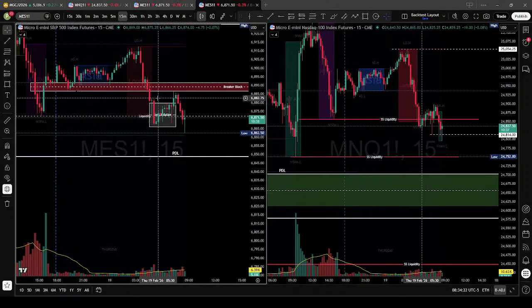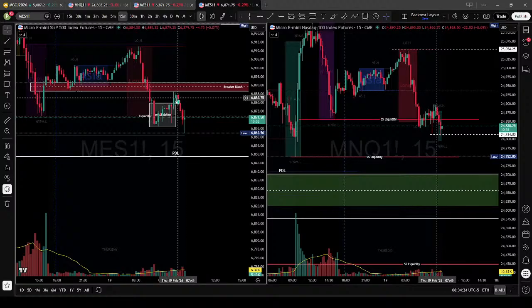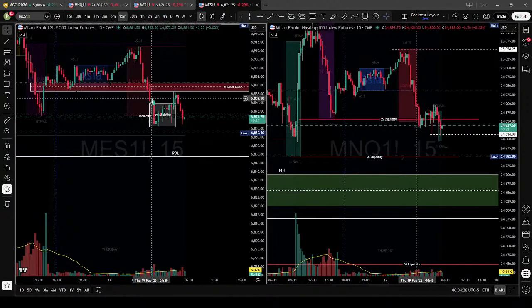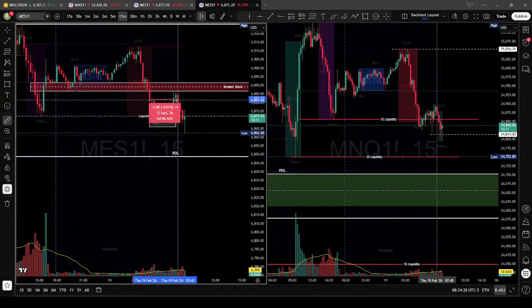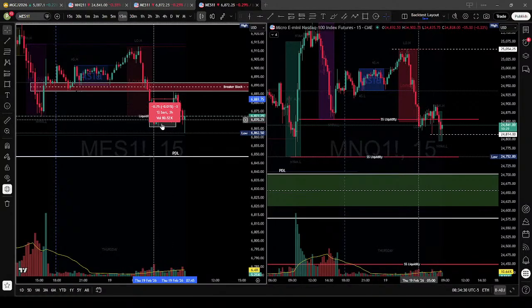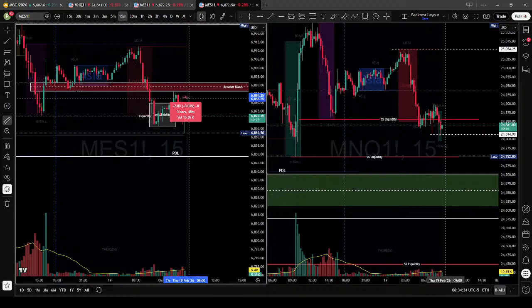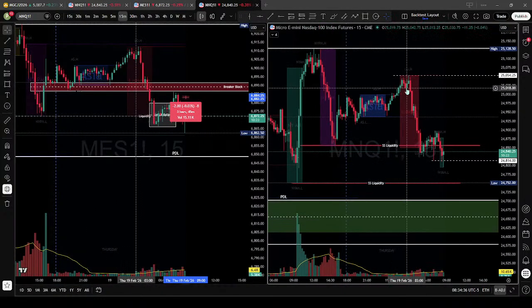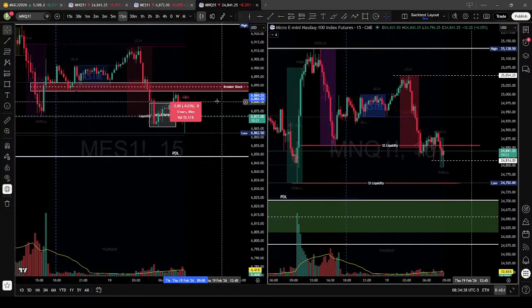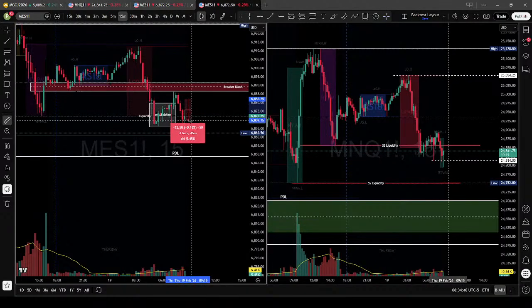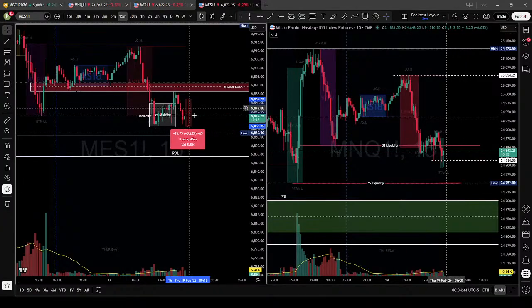It also took out one of these internal swing highs. It's very small, but it's still an internal swing high. It manipulated this AMD up higher, then it should be heading downside. At the same time, NQ was also doing the same kind of thing. Hence I was looking for shorts. Because ES was supporting the lower side, we were looking for shorts on MNQ.